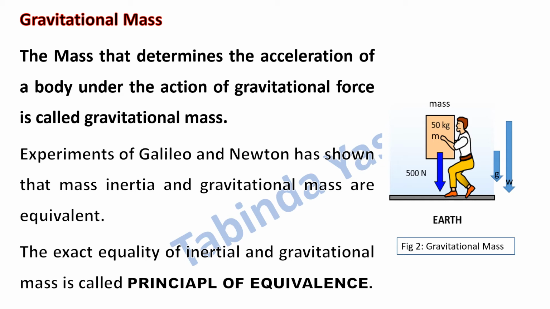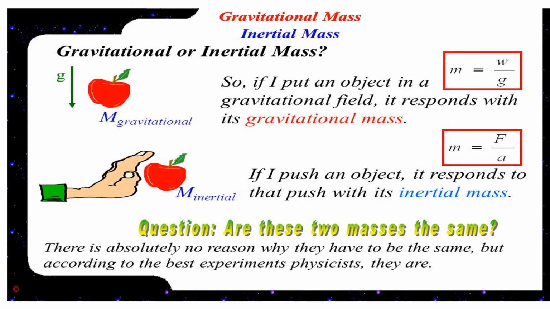So the inertial mass and the gravitational mass are called the principle of equivalence. Further, in the next slides I have some examples for your understanding of the difference between inertial and gravitational mass, and how they are equivalent, which establishes the principle of equivalence between the gravitational mass and the inertial mass.